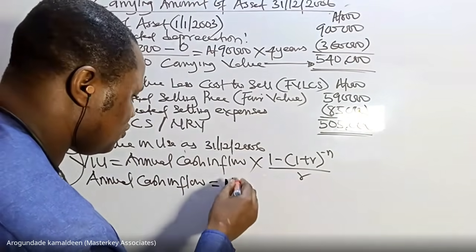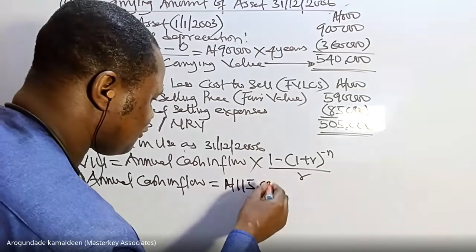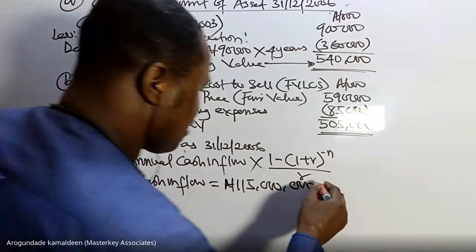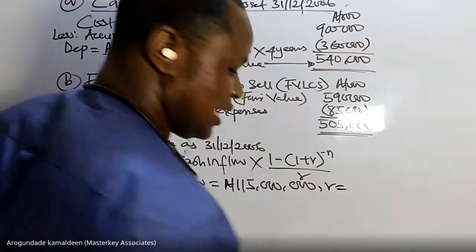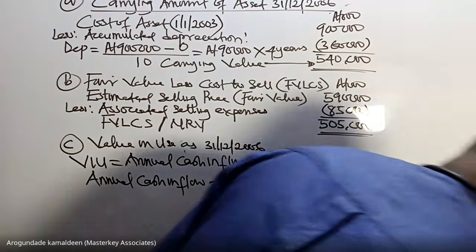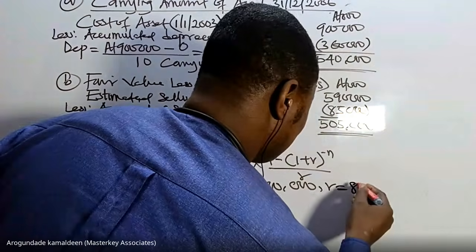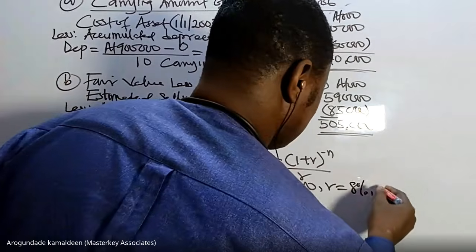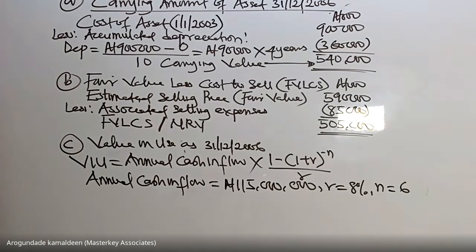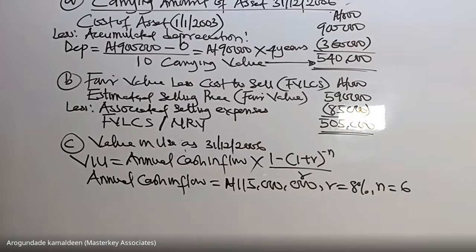I will do it in full. My discount factor there is 8%. The N is 6, the number of years.